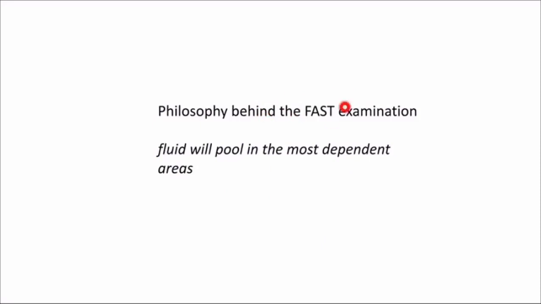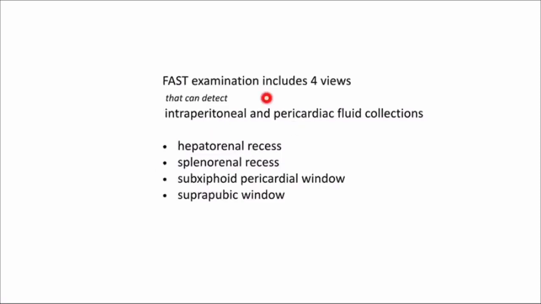The philosophy behind the FAST examination is that fluid will gravitate or pool in the most dependent areas of the abdomen. These are the four views that are usually done in the procedure to evaluate intraperitoneal or pericardial fluid collection.